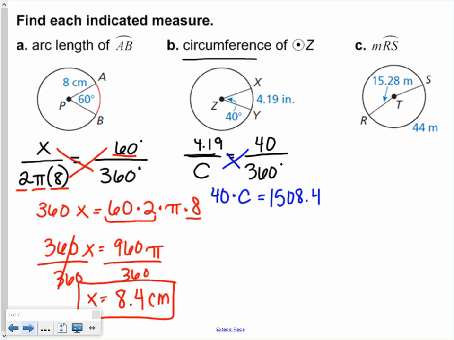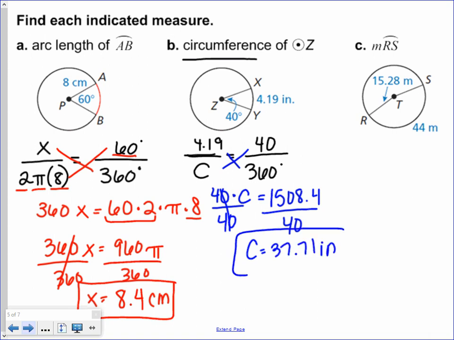And then divide by 40. And your circumference is 1508.4 divided by 40, which is 37.71 inches, because it's a unit of length.